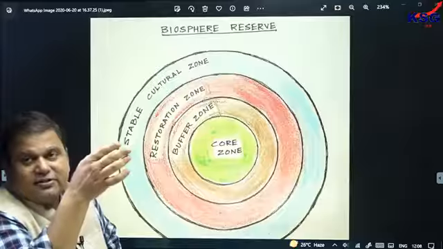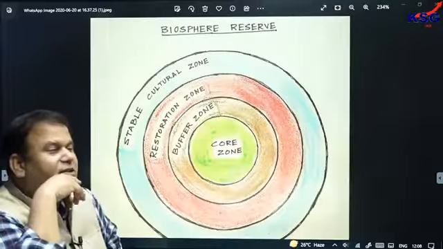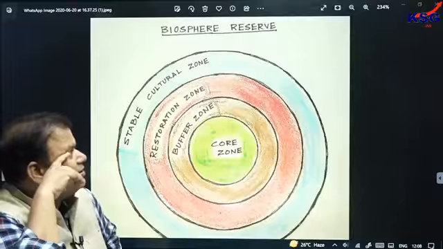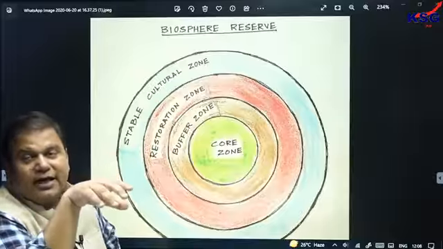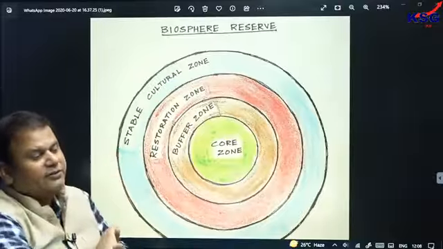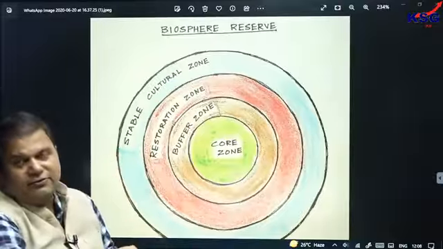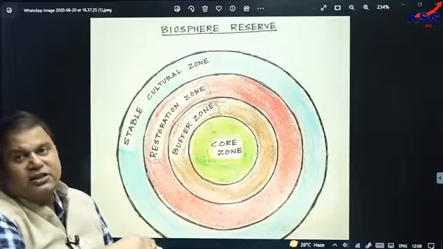And the last thing, as far as the differences are concerned, is the regulation of human activities. So, human activities would be more strictly regulated where?